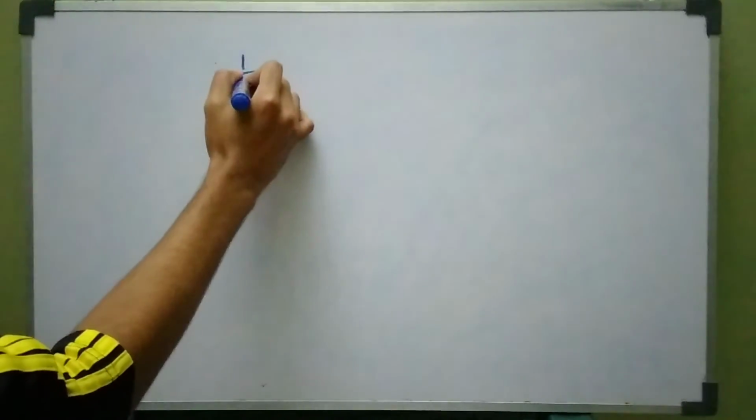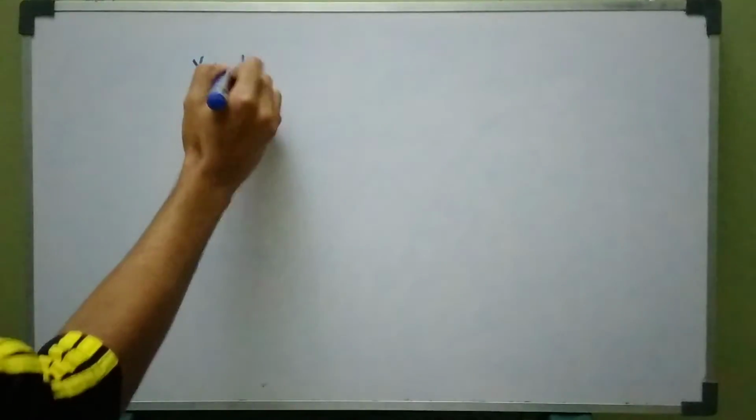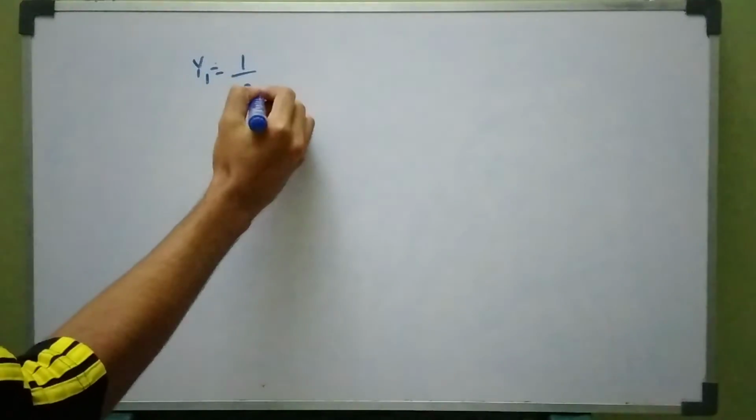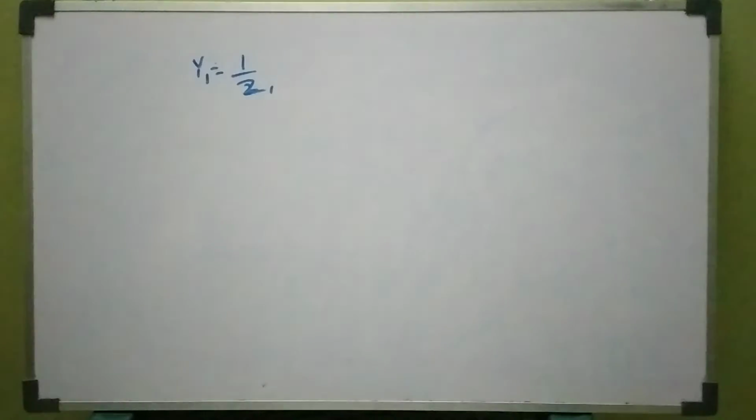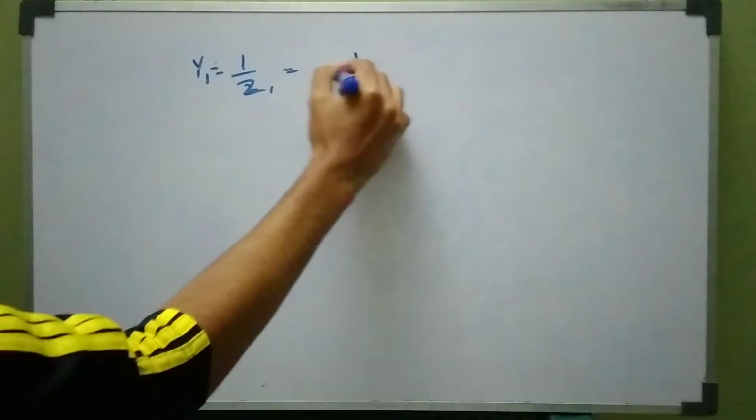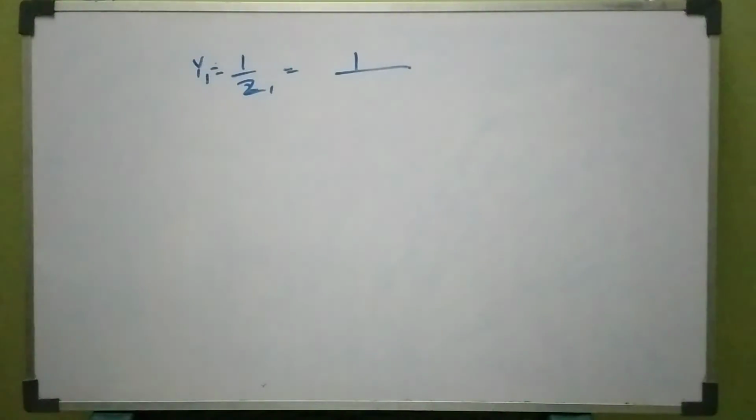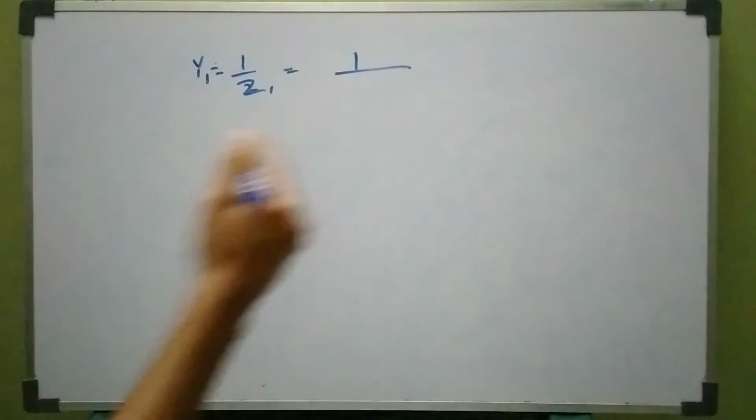Admittance is equal to 1 over impedance. They have already given Z1. So from that we get 1 over Z1 equals 1 over 8 plus j6.